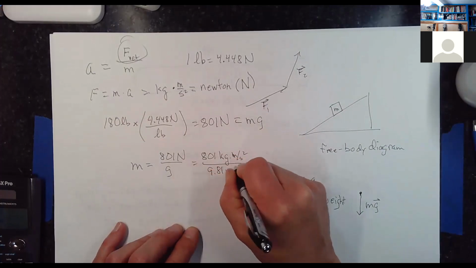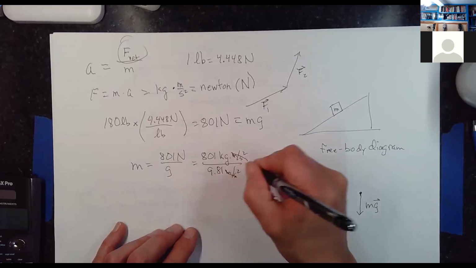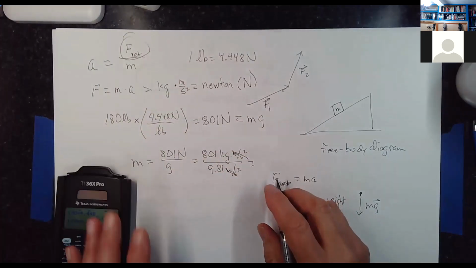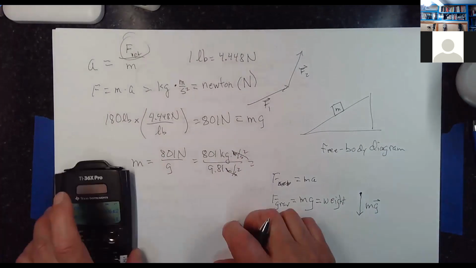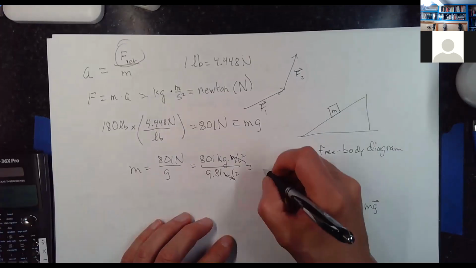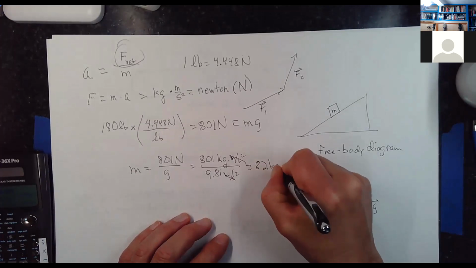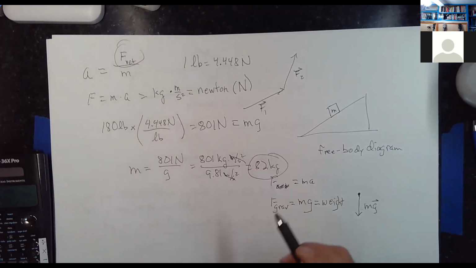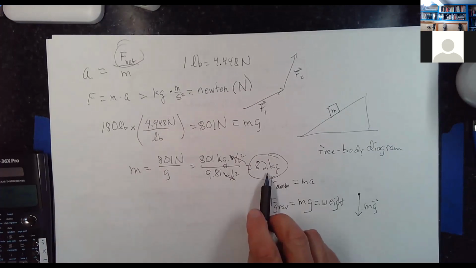And the meters per second squared divide out, and you end up with whatever that number is divided by 9.81. And I get about 82 kilograms. Okay, so a 180 pound person will have a mass of 82 kilograms.